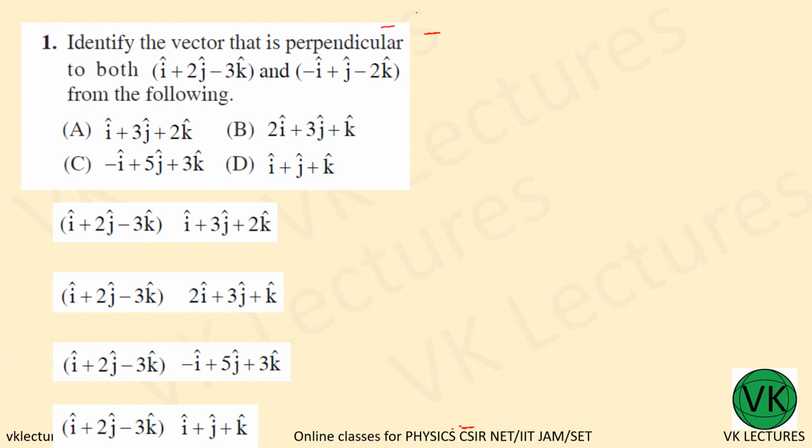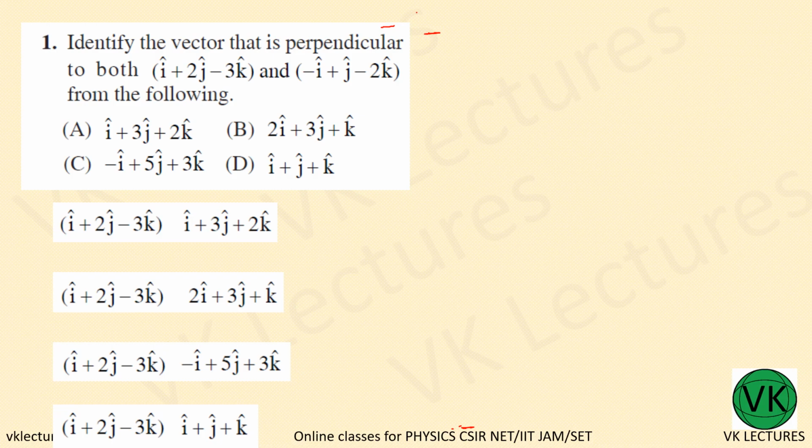The question is to identify the vector that is perpendicular to both i + 2j - 3k and -i + j - 2k.